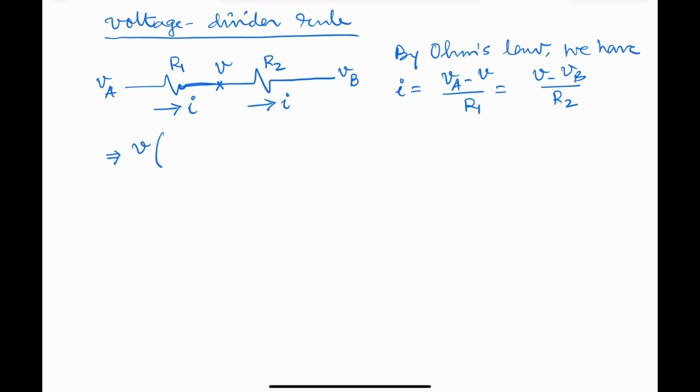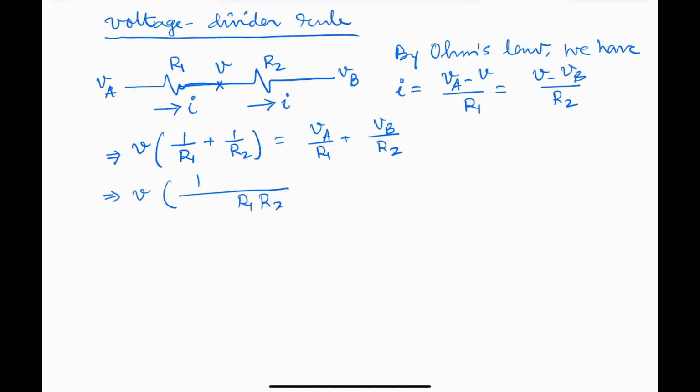So this gives us V into (1 upon R1 plus 1 upon R2) equal to VA upon R1 plus VB upon R2. Take the LCM. This gives V into (R1 R2) upon (R2 plus R1)... again the LCM is R1 R2, so this is (R2 VA plus R1 VB).